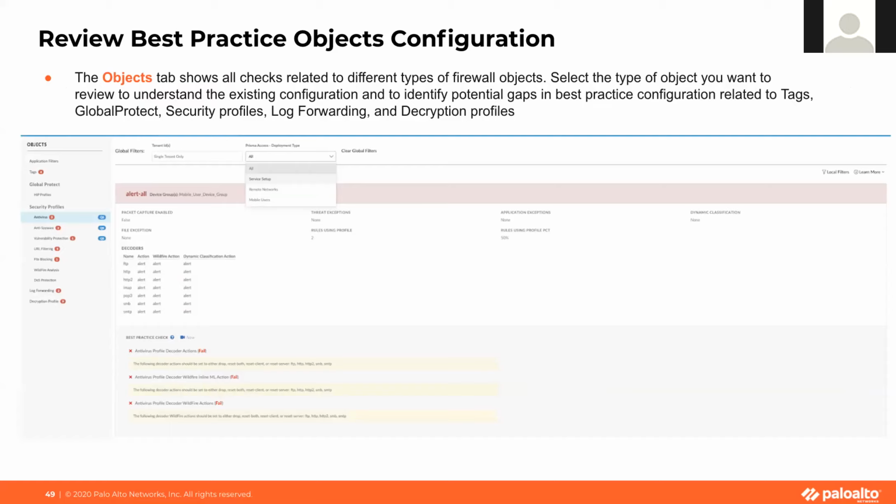For each profile, this report shows the current configurations and how many rules use that profile. The report also shows the best practice checks and results with the current configuration, the pass-fail status, and the recommendation for the failed ones. And you can see here the best practice check, antivirus profile, action fail, and it says the following action needs to be set. It also gives you a description.